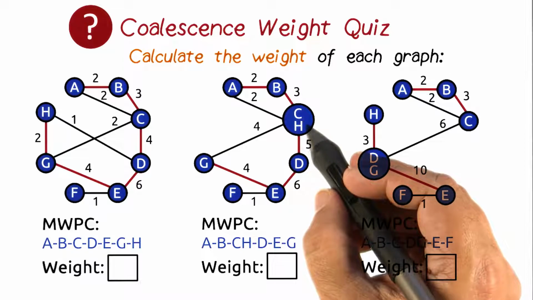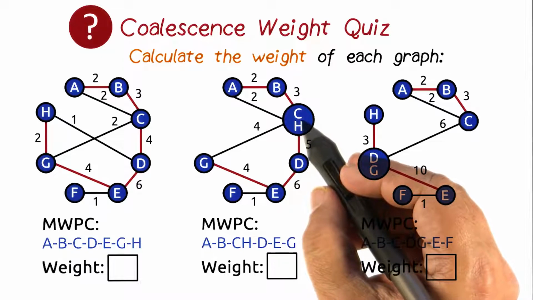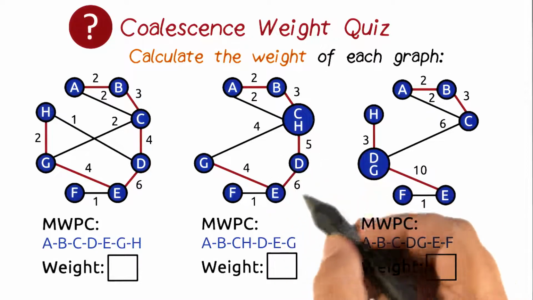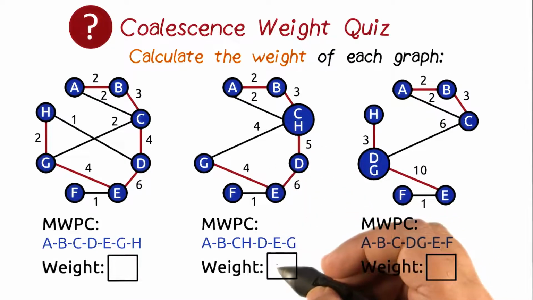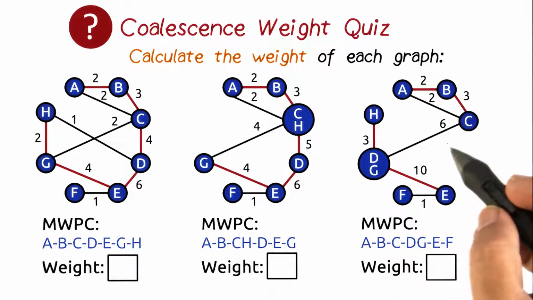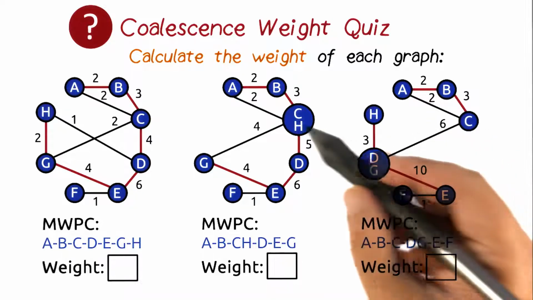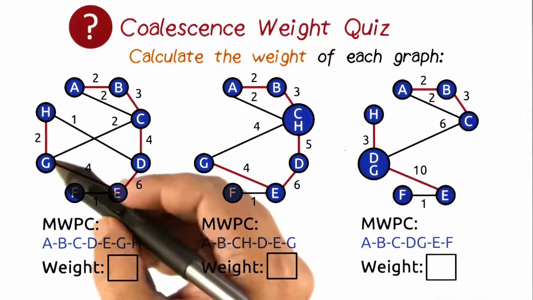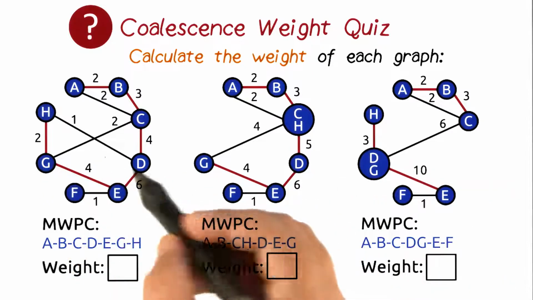And then we have the modified graph when we have coalesced C and H together. Again, we do the MWPC on it, and please write the cost of the MWPC and the weight that is generated here. And thirdly, instead of having C and H coalesced, in this particular case we have coalesced D and G together from the original access graph.